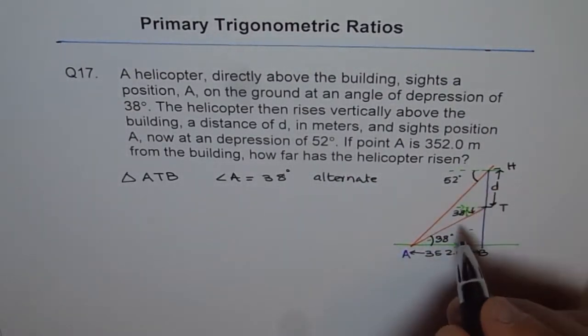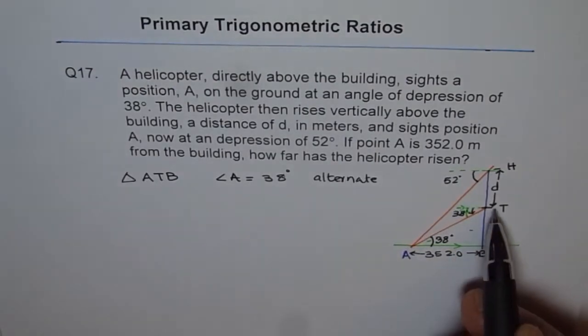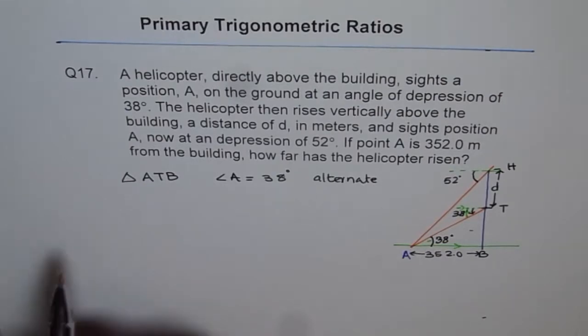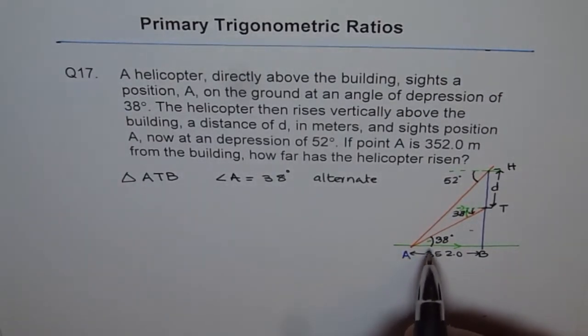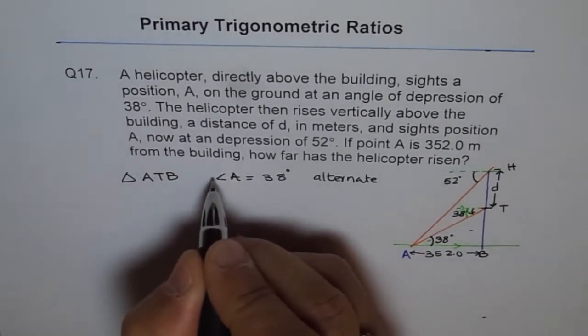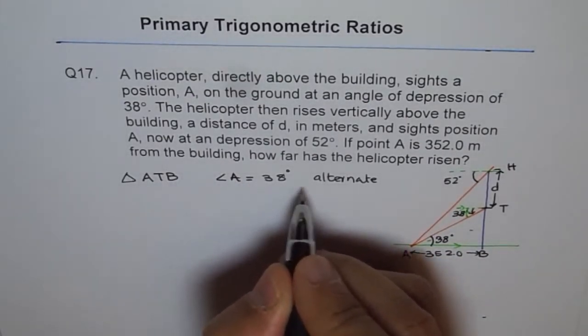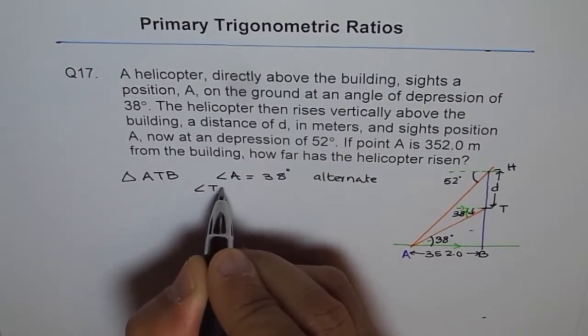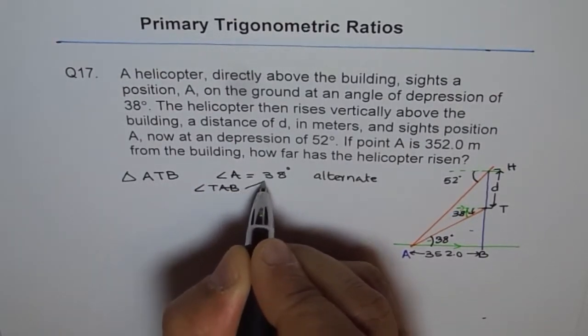Similarly, I should not have written angle A. I should have written TAB. In triangle ATB, it is basically angle TAB. Let me rewrite this as alternate angle: angle TAB is equal to 38.